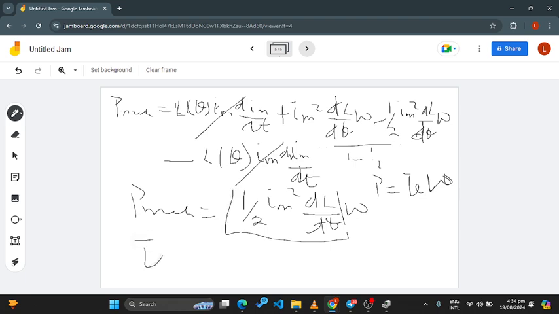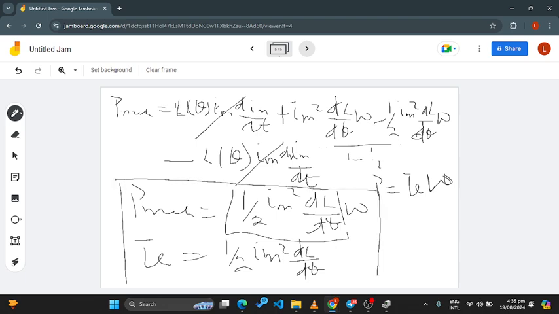So the electromagnetic torque that will be produced by the machine will be half Im squared dL/dθ. So this is the torque. Please remember these two equations over here.